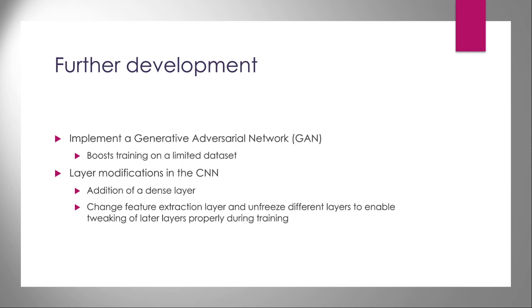And then following up with unfreezing different layers during training. This unfreezing of different layers would enable some of the later layers of the model to be tweaked according to the specific dataset that we are using to tackle the image classification task.